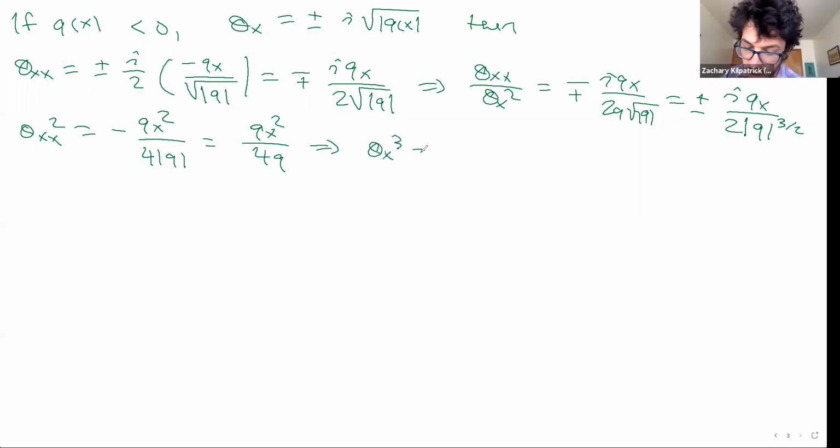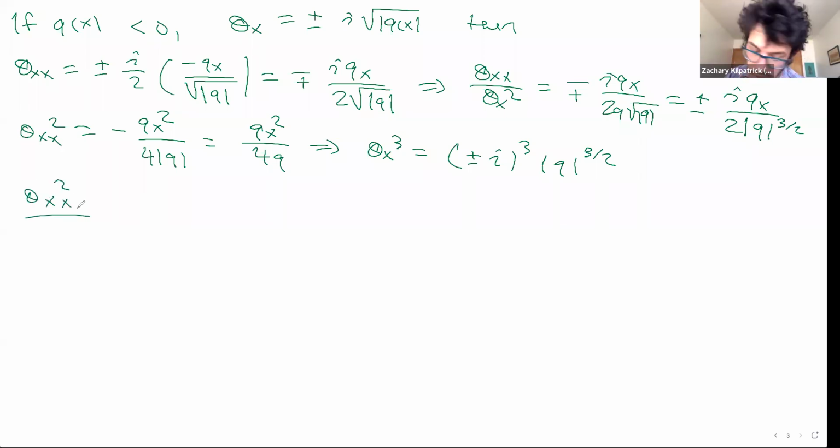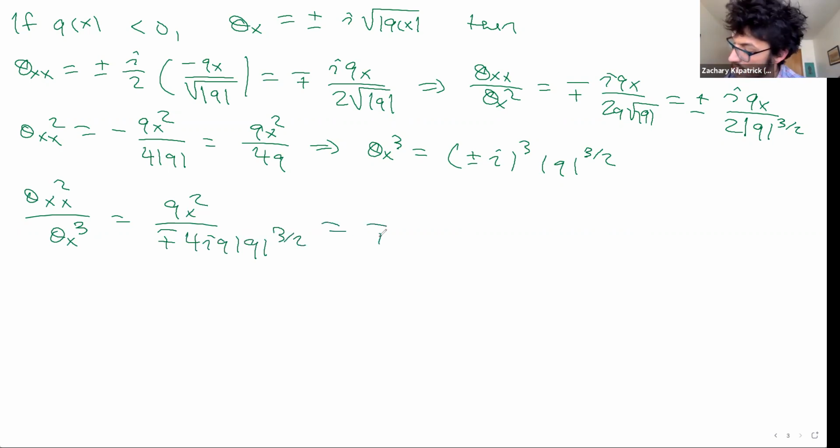And theta x cubed is equal to plus or minus i cubed absolute value of q to the 3 halves. So we have theta xx squared over theta x cubed is equal to qx squared over minus plus 4i absolute value of q to the 3 halves. This is equal to minus or plus i qx squared over 4 absolute value of q to the 5 halves.